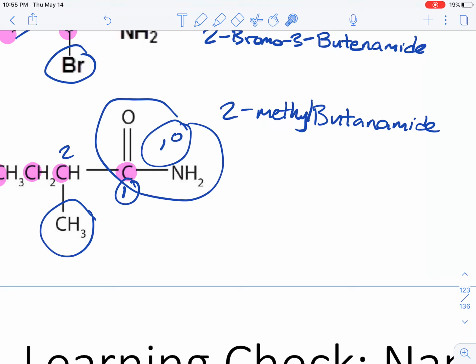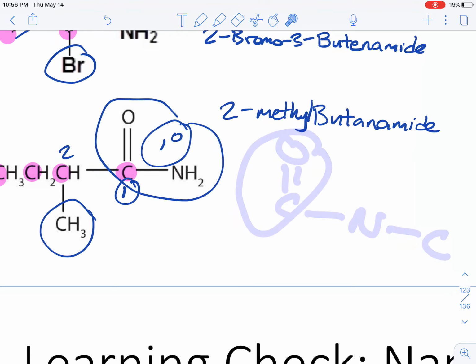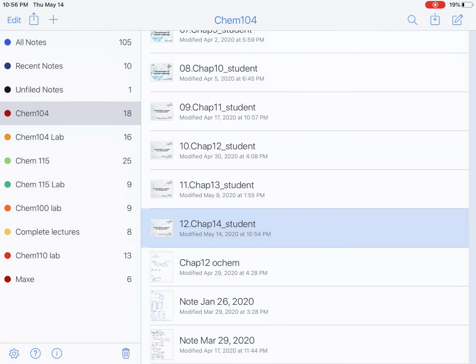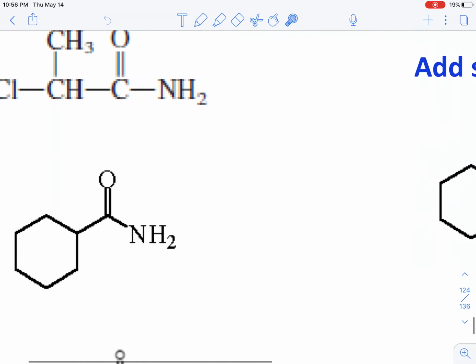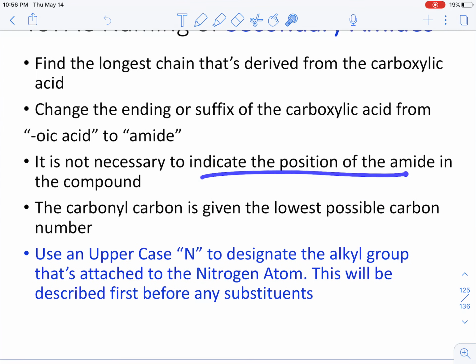Just because if you have CON and then another carbon, this is going to be the longest. This is going to describe the carbon chain. And so with the amide, it's always terminal. So in this case, you guys do not need to indicate the position of the amide in the compound. So that holds true.